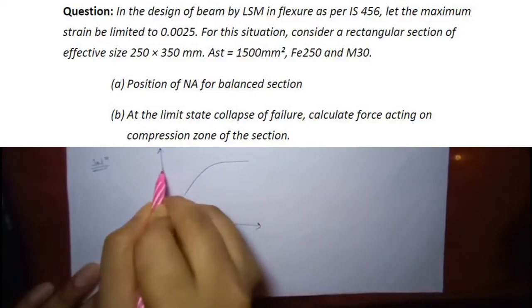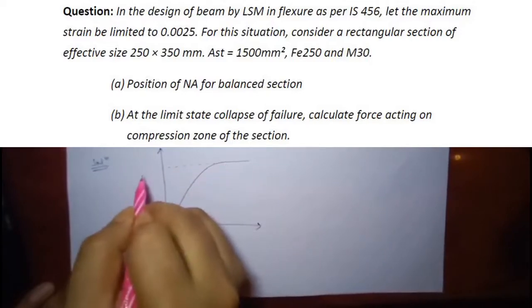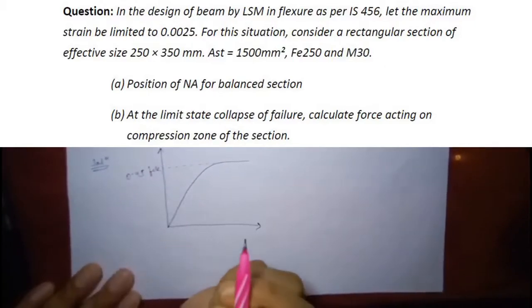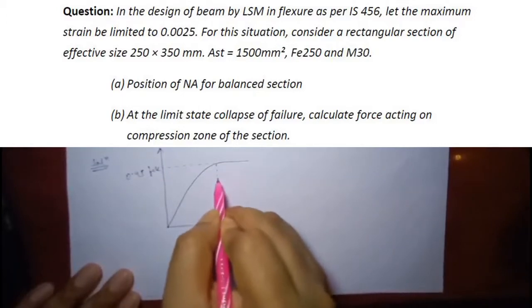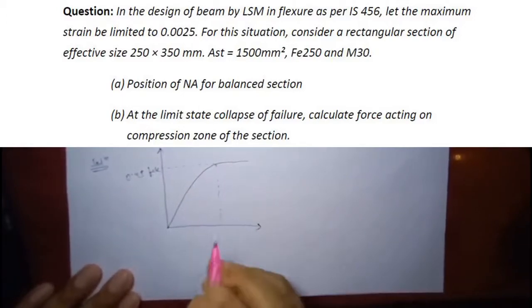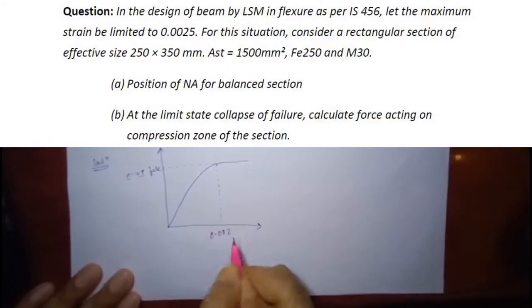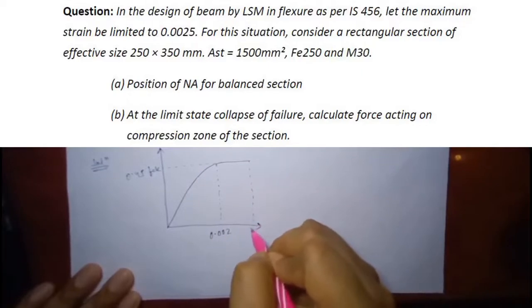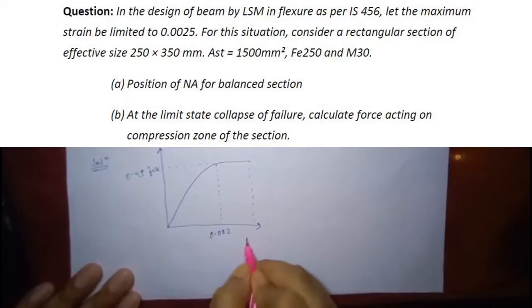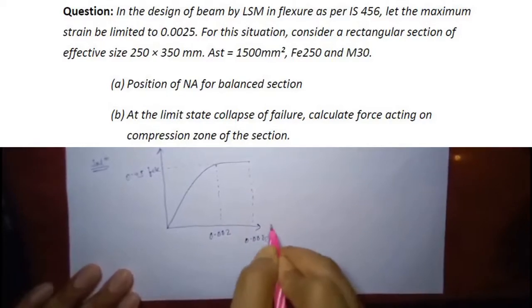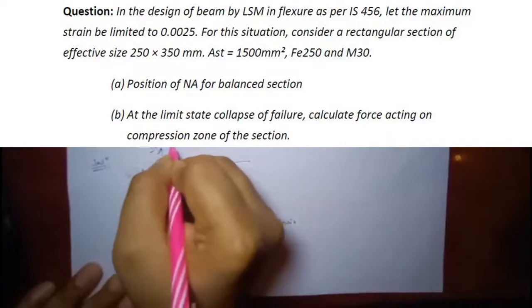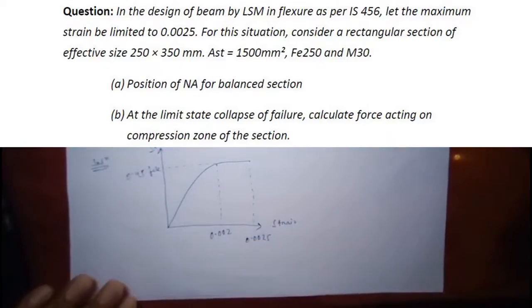The stress is 0.45 fck, and at this point the strain is 0.002, and at this point, according to the question, the strain is 0.0025. This is the strain and this is our stress. So this is according to the question, our graph is somewhat like this.